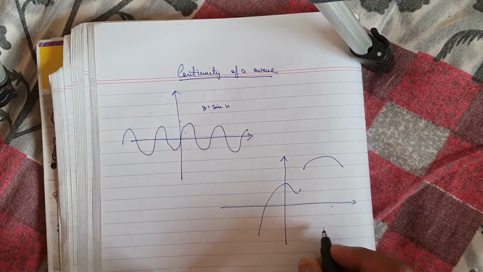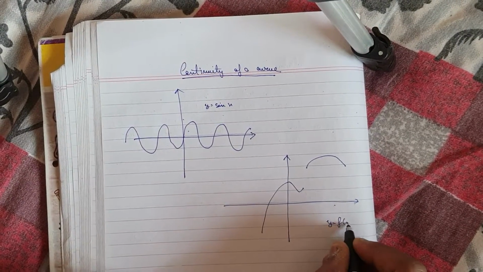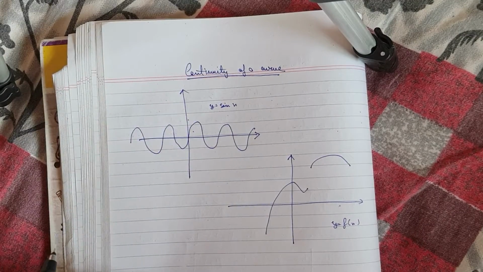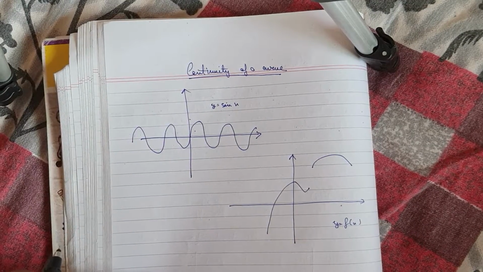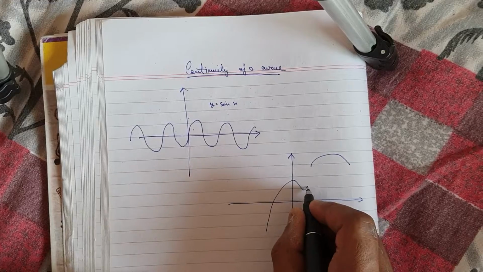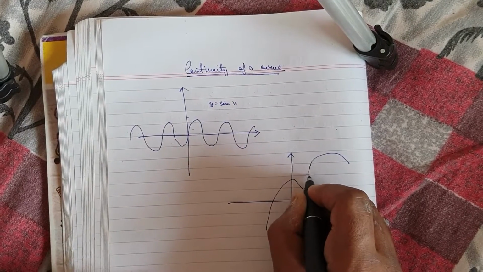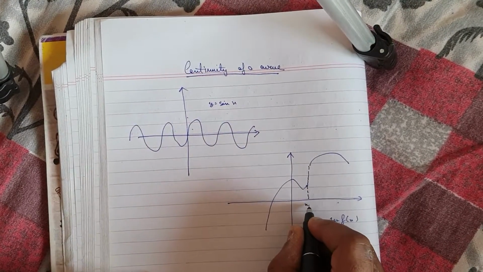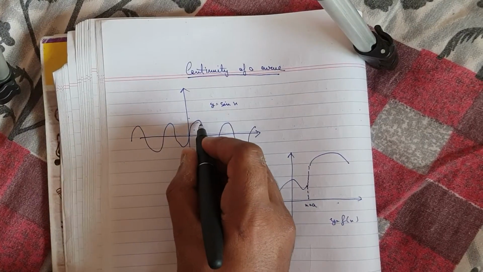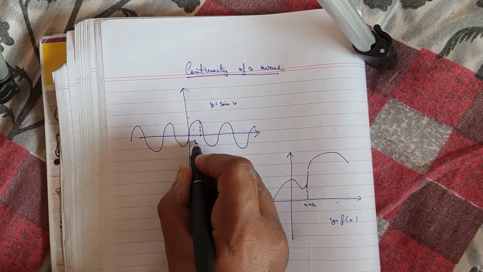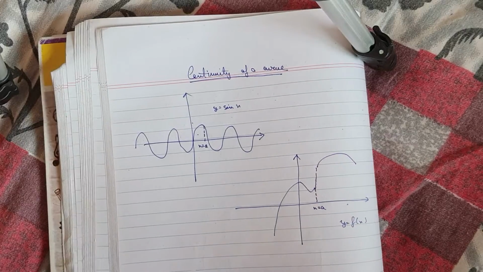This is some curve y equal to fx, and this is y equal to sine x. Now let this point be x equal to a, and let here this point be the same x equal to a.